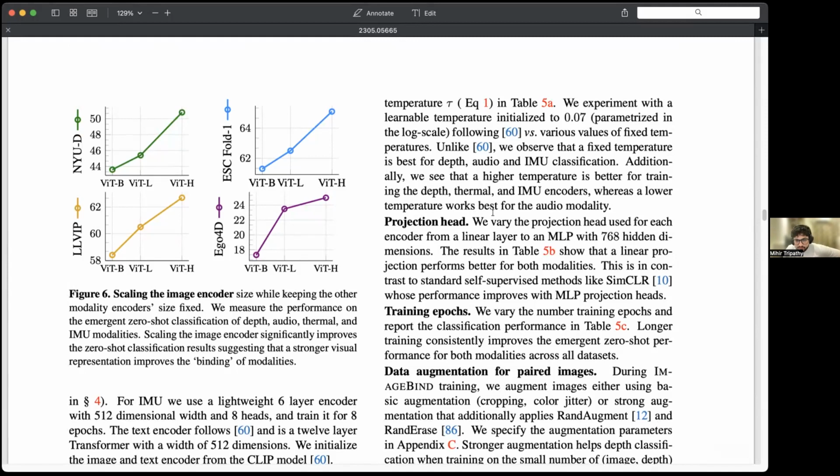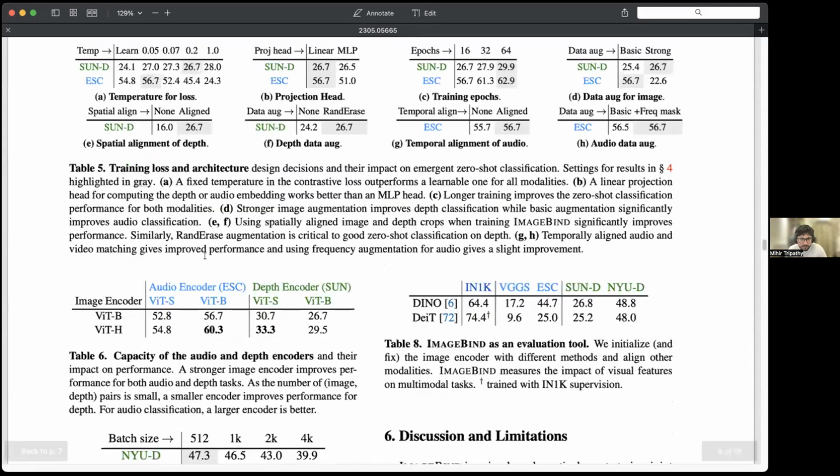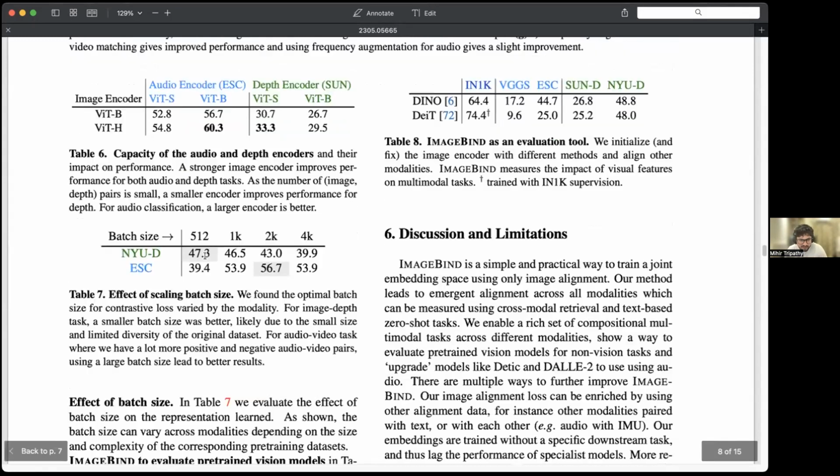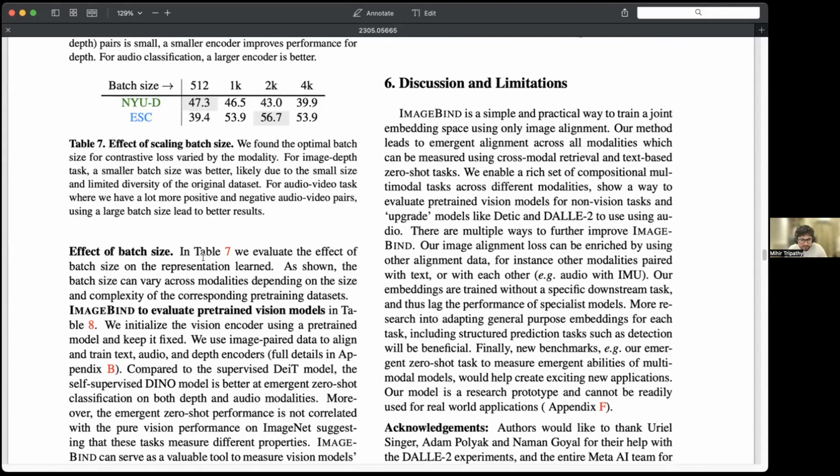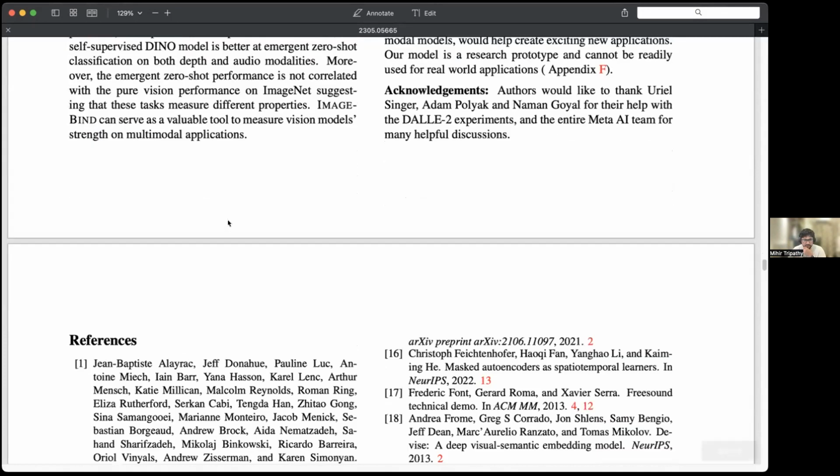It says we vary the projection head used for each encoder from a linear layer to an MLP with 768 hidden dimensions. The table in 5B shows that the linear projection performs better for both modalities. I guess they use the same 768, but it doesn't explicitly mention it.